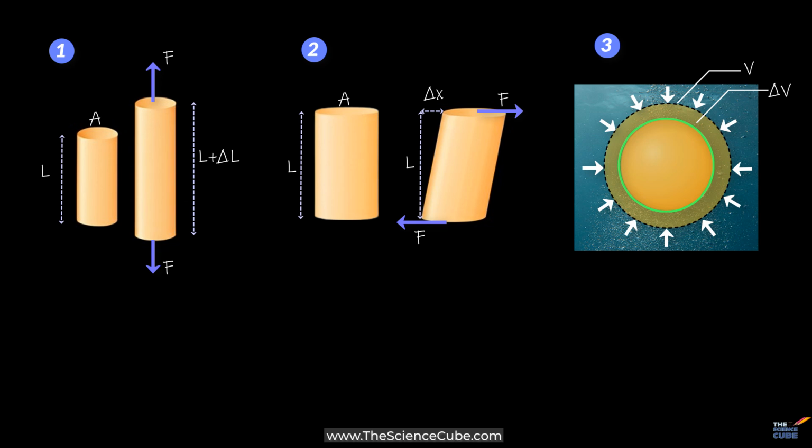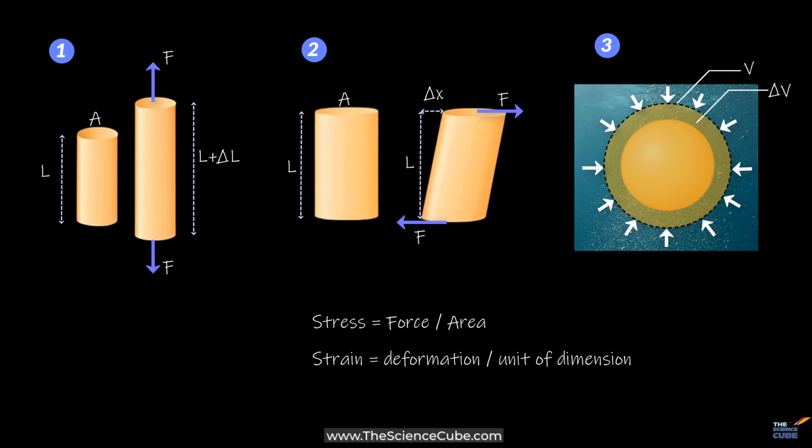But what is common between the three ways of deforming is the application of stress, which is defined as force applied per unit area of the object, that produces a strain or deformation per unit of dimension under consideration. And you'll understand this in a moment. So the stresses and the strains have different expressions in each of the three situations.